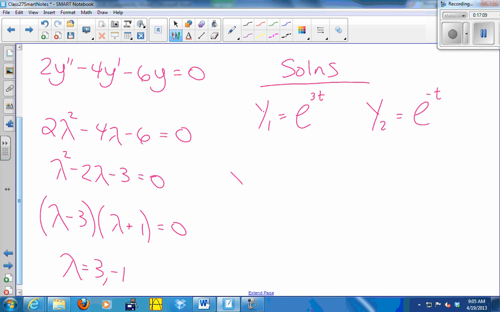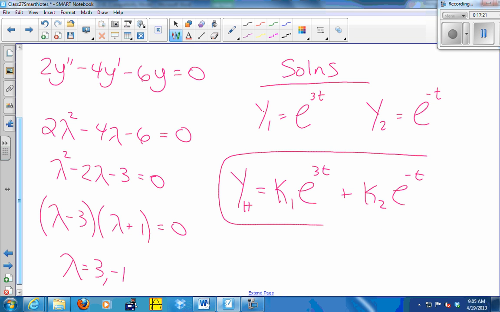So I would say y sub h, the general solution to the homogeneous equation, is k1 e to the 3t plus k2 e to the negative t. You can do it the other way also, it just takes longer. This is a nice little shortcut that we learned in 3.6.